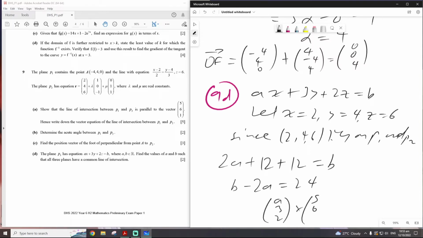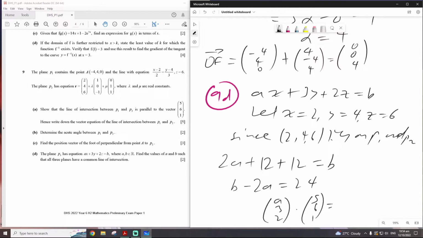Actually no, they are perpendicular. Sorry. So we dot them and check this to be 0.